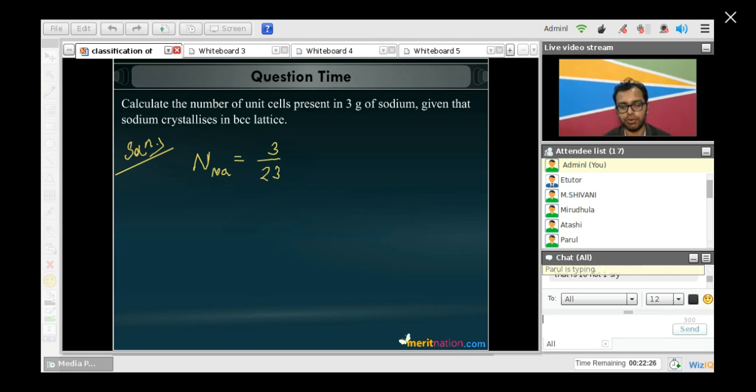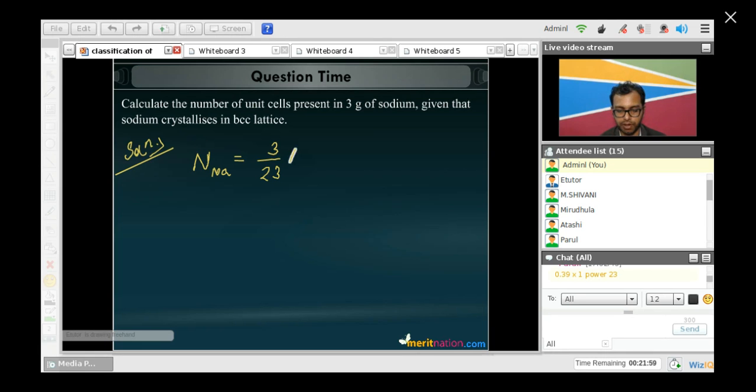So 3 divided by 23 is the number of moles of sodium, right? Yeah, it is 10 to the power 23, right? Fine. So this is the number of moles of sodium.